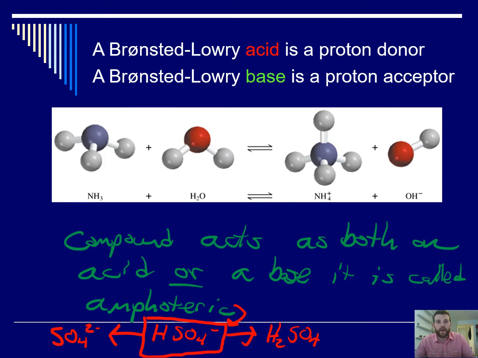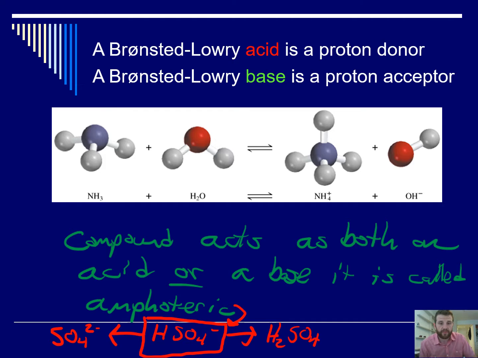Okay, so remember, Bronsted-Lowry acid is a proton donor, and Bronsted-Lowry base is a proton acceptor. So this is a good example of an acid-base reaction. What we can do here is, first off, you should be seeing the equilibrium arrows. So this is not a permanent state. This is a temporary state that's going to be happening.